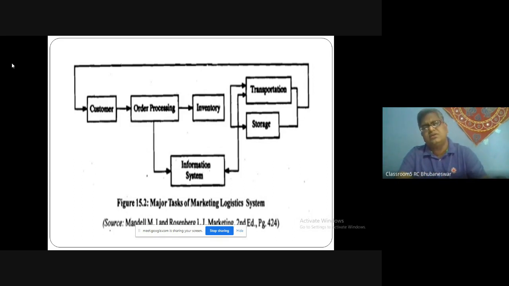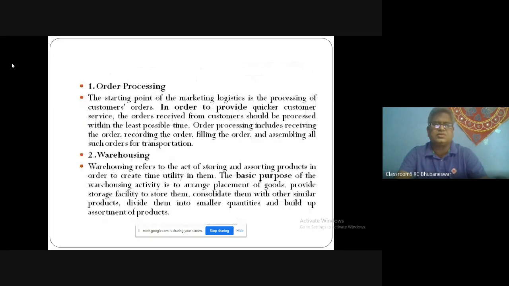Nowadays new technologies are upcoming that can address such information systems, like drones and artificial intelligence, through which orders can be maintained frequently. Order processing is also an important aspect. The customer should be able to order in the shortest possible time, and the order is recorded, filed and assembled.